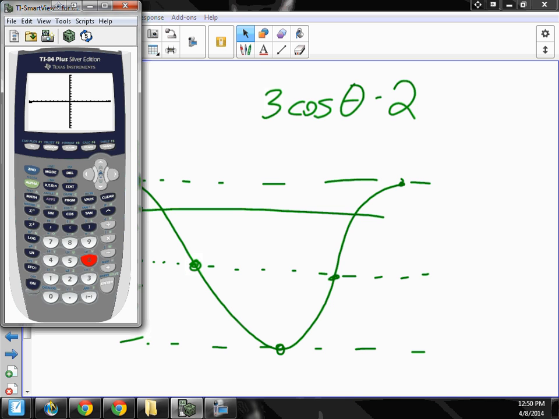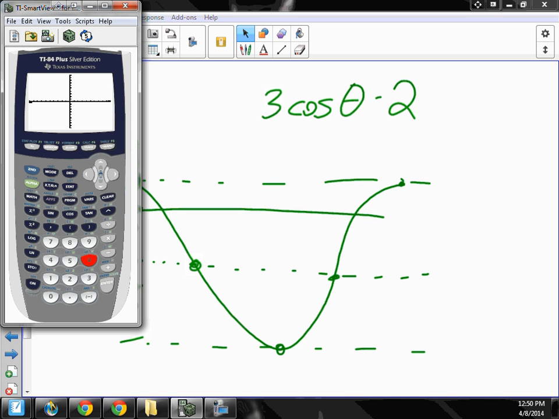Why does mine not show up? I'm in degrees. What is the period of sine in degrees? No, the range is from -1 to 1, but what's the domain? Well, a full revolution is from 0 to 360.